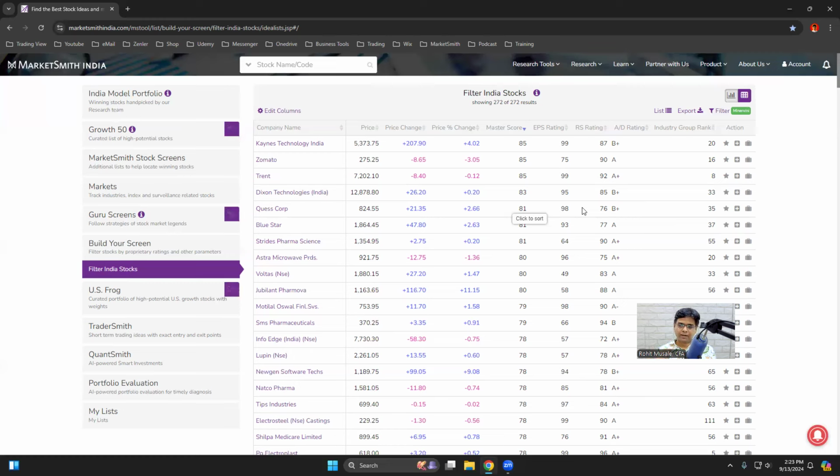And what should keep you in a stock during a pullback? Are the fundamentals of the stock so compelling that you are not willing to sell the stock till it hits your 8% stop loss or 7% stop loss? So those are the questions that you need to answer.